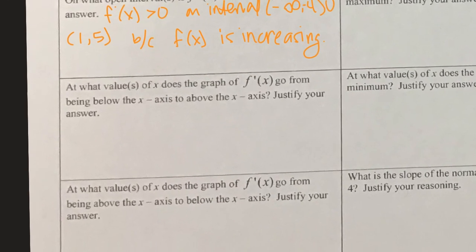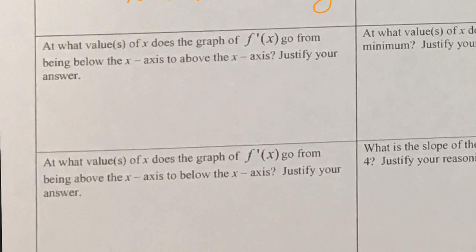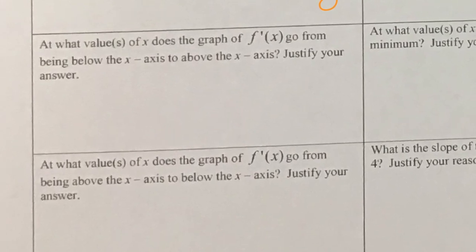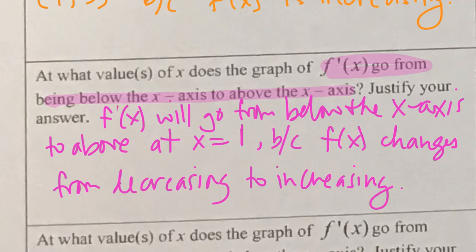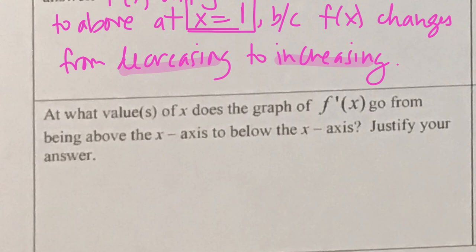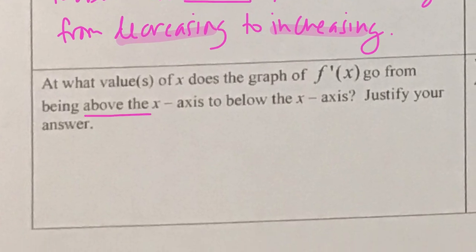And here we have some bigger questions. At what value of x does f prime go from being below the x-axis to above the x-axis? We have x equals 1, because that's where f changes from decreasing to increasing. That means your f prime goes from being negative to positive. Similarly for the next part, where does it go from being above the x-axis to below the x-axis?